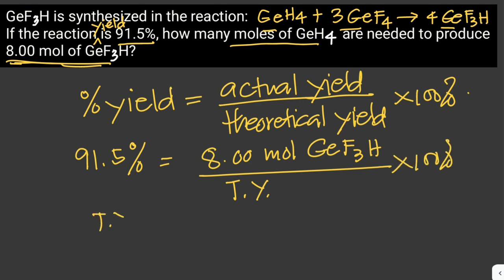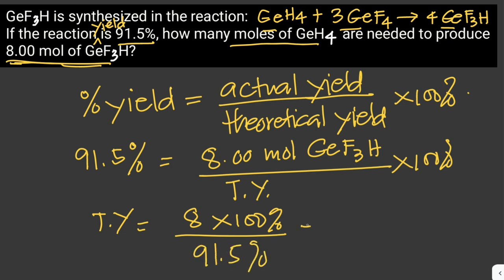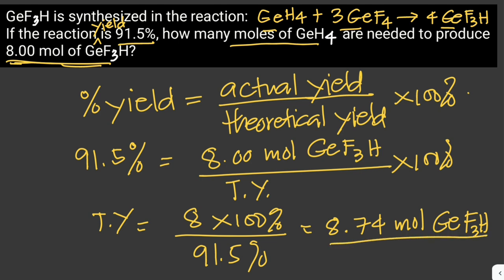So theoretical yield is just equal to 8 times 100 divided by 91.5. So 800 divided by 91.5. So this is just equivalent to 8.74 moles of germanium fluoride.